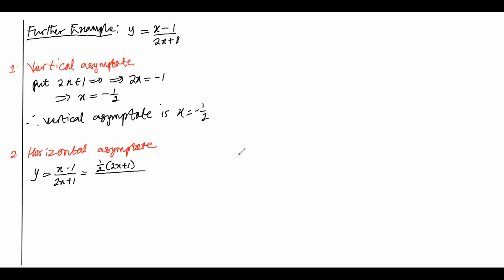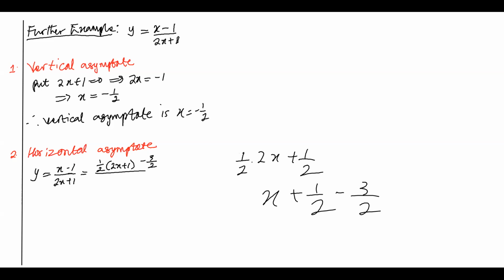So if I open the bracket, I get 1 over 2 times 2x, then plus another 1 over 2. So that's x plus half. But that's not what I have. I used to have minus 1, so I have to subtract 3 over 2. Does that make sense? Subtract 3 over 2 or add minus 3 over 2.